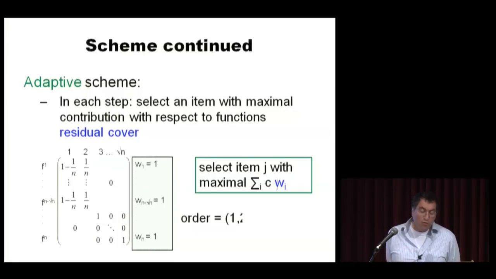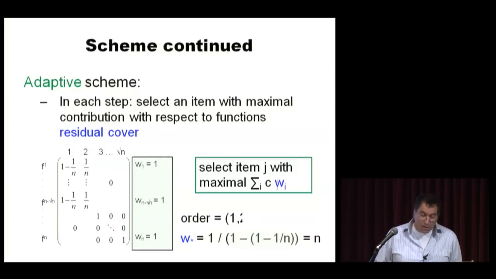So again, we start with 1 because the first column has the maximum information. It has a huge amount of information, almost n. So we put it first. At the beginning, all the users are equally happy. Now we notice that almost all the first n minus square root of n users are very happy. They're almost happy, therefore they have very high weight.